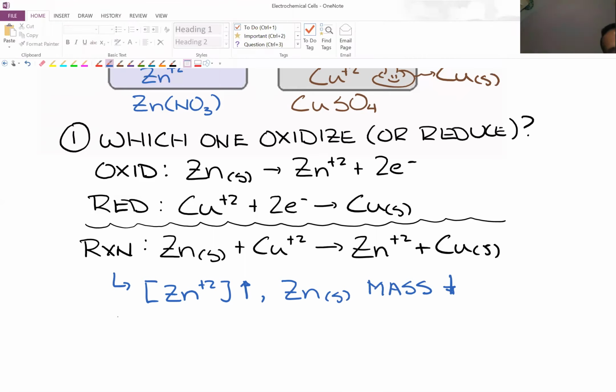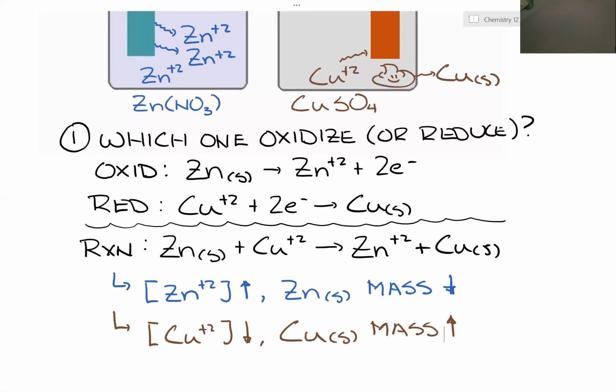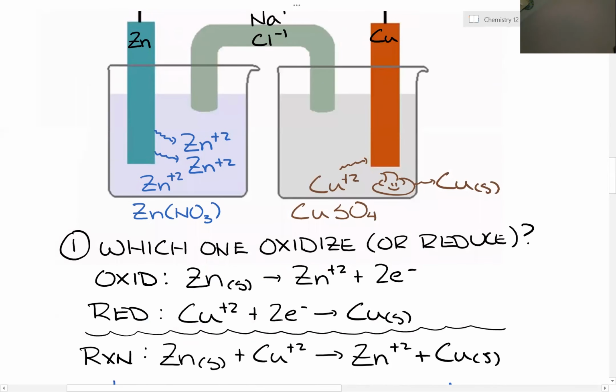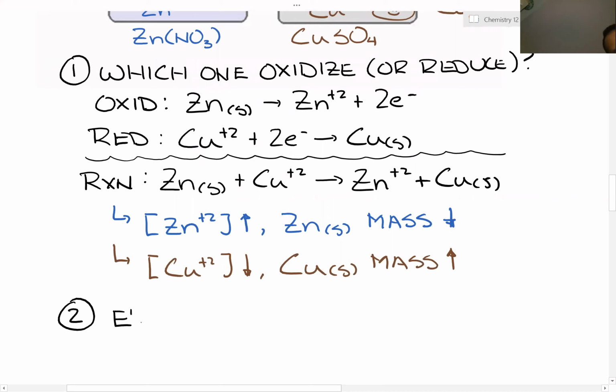Conversely, the concentration of copper 2 plus ions decreases, but the copper mass increases because I'm making more copper solid. Okay? That is number one. Now, number two, the electron flow.